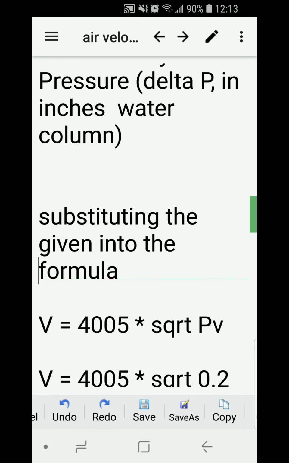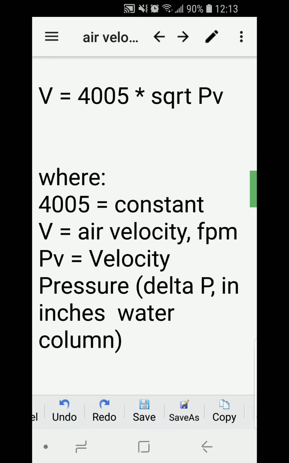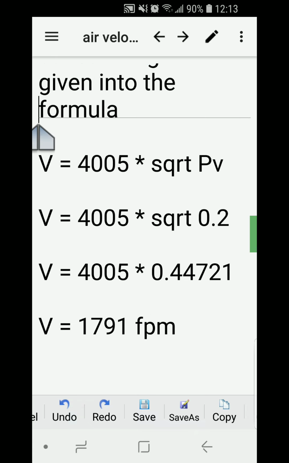Substituting that into this formula, V is equal to 4005 times square root of PV, which is 4005 times square root of 0.2, is equal to 4005 times 0.44721, and we got the final answer of 1791 feet per minute of air velocity.